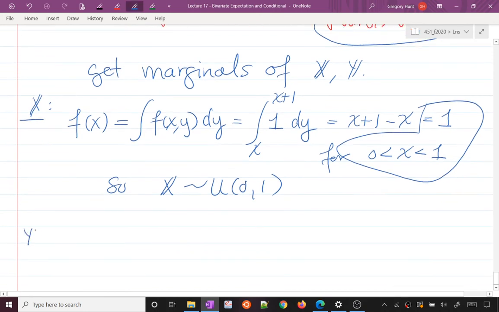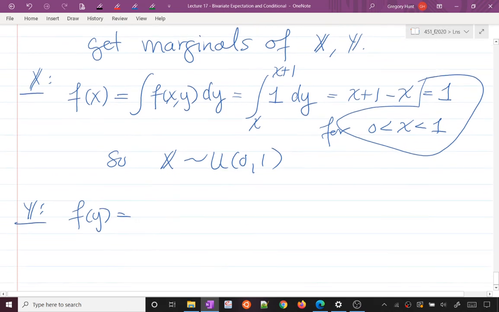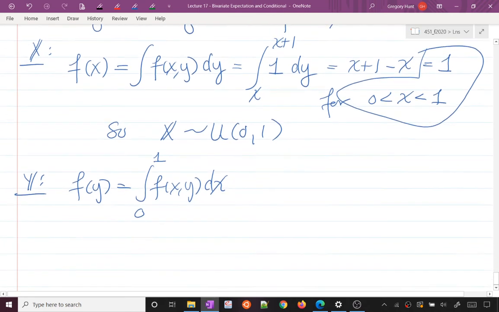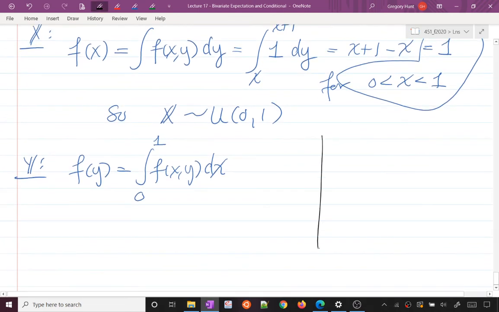And we can play a similar game for y. The marginal of y is what? We take the joint f of x, y and we integrate out x. Let me draw our picture again, so we can get this integral correct.